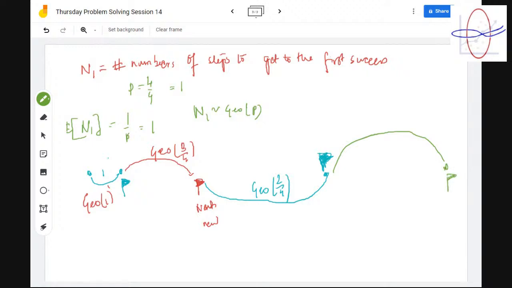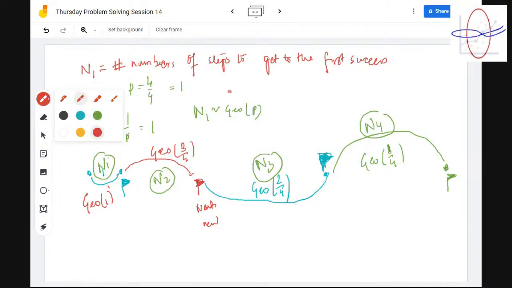This is n1, this is n2, this is n3, this is n4. We are adding them up, and each of them is individually geometric because of the memoryless property. We get the final success, all the 4 tosses. So we get around 4 into (1 plus half plus 1/3 plus 1/4).